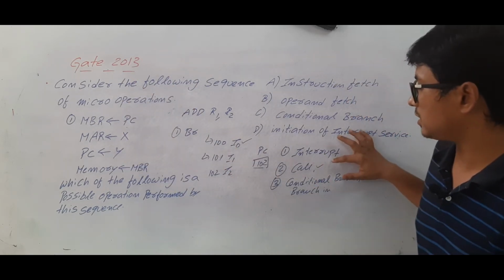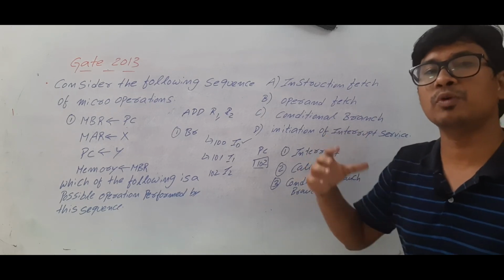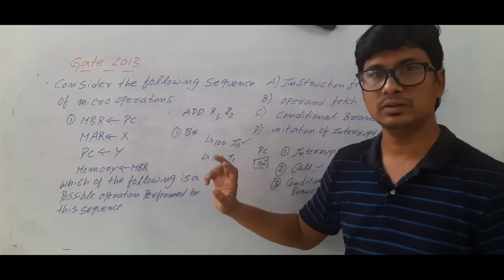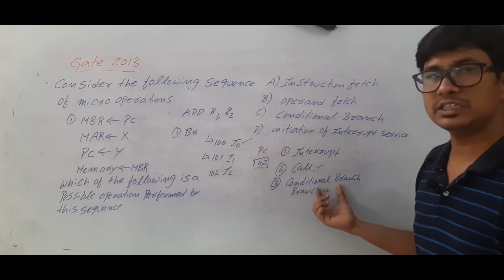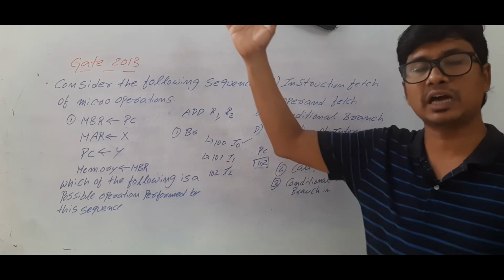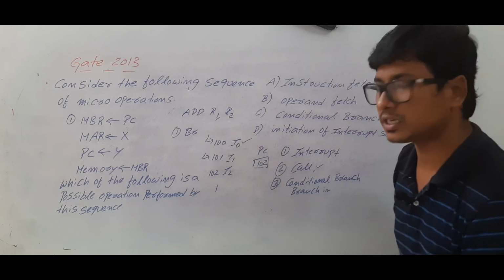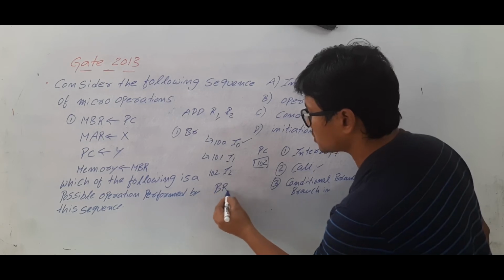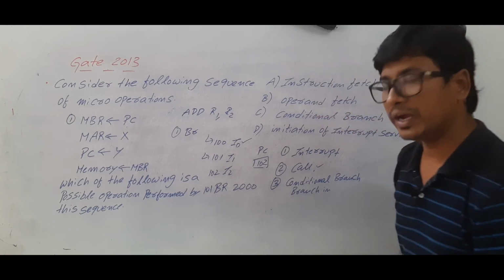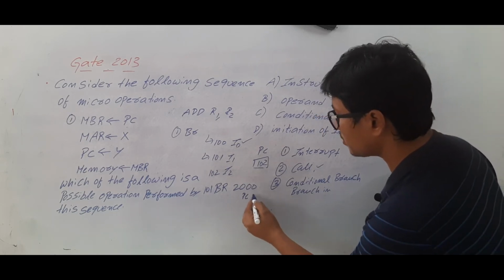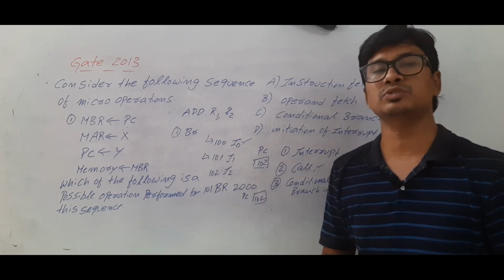Now if you remember, during a call and return we save the program counter address. Am I right or wrong? Because we have to come back to the original location, the next instruction. Whereas with a branch, we go to the target address and do not save the value in the program counter. Suppose I have BR 2000 at address 101. While I am executing this instruction, the program counter will have the value 102, because 102 is the next instruction to fetch.